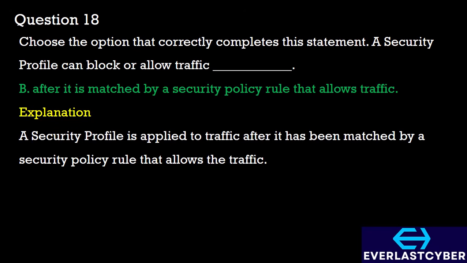So if a security policy rule blocks traffic, that traffic will not reach the security profile stage because it is already denied by the rule. So option B is the option that best completes the statement. A security profile can block or allow traffic after it is matched by a security policy rule that allows traffic.